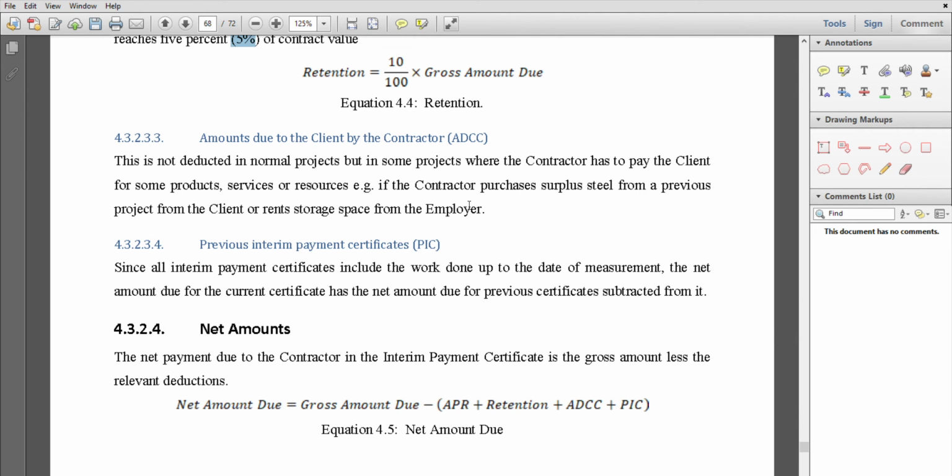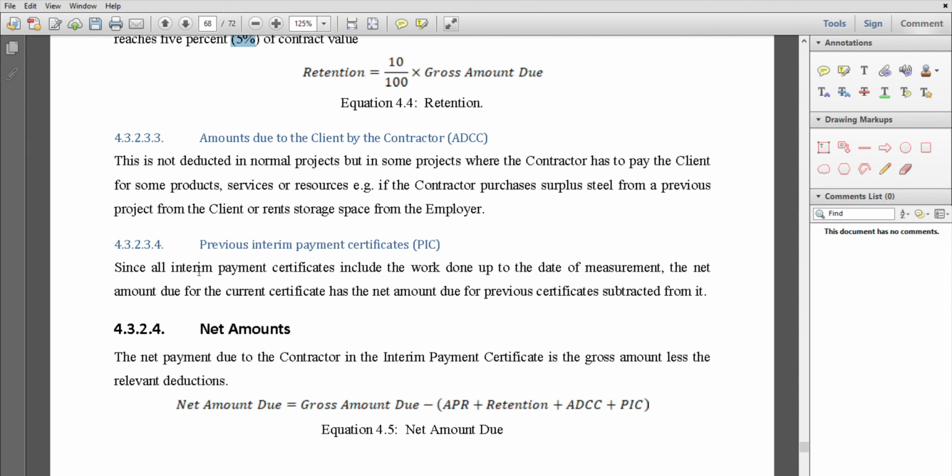He has a catering company on the site, which is remote. It's not based in the city itself, so you cannot provide food. So in the contract you deal with the employer to provide the food for your laborers and staff, and it will be deducted from your bill.